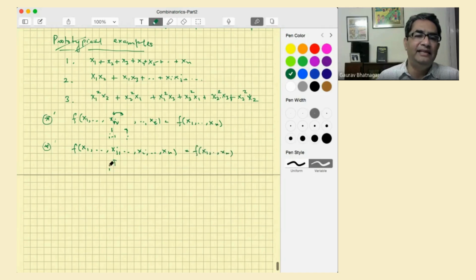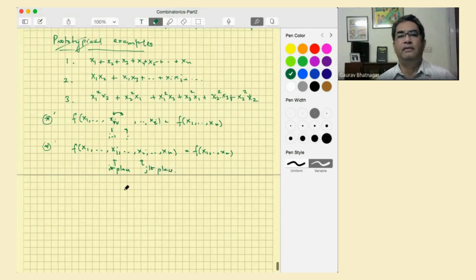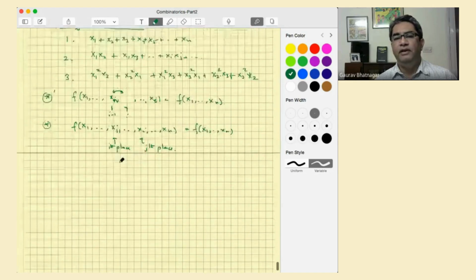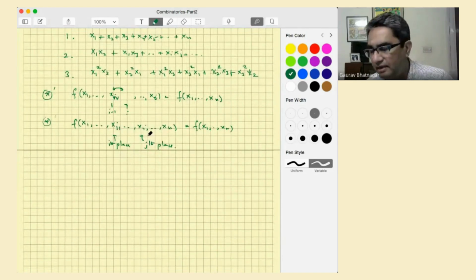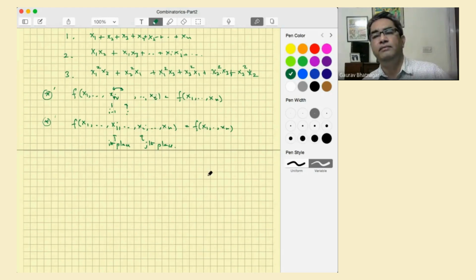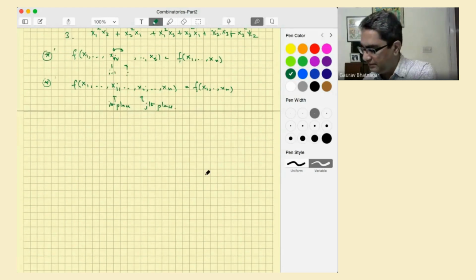So this is the ith place and this one is the jth place. Since every symmetric polynomial is generated by the transpositions, you can switch like this. And one specific transposition is this 1n, 2n, 3n, and so on.